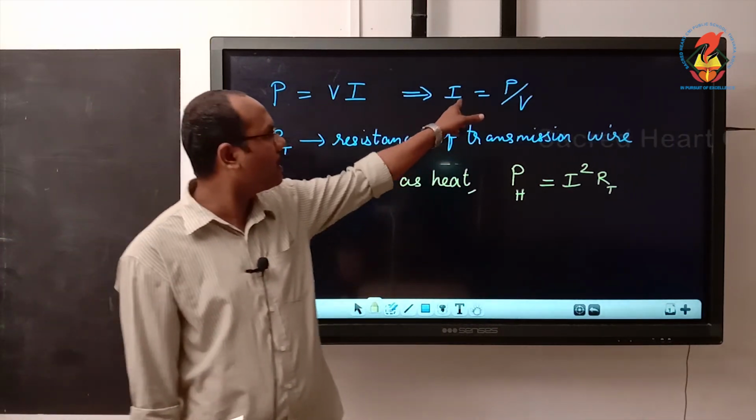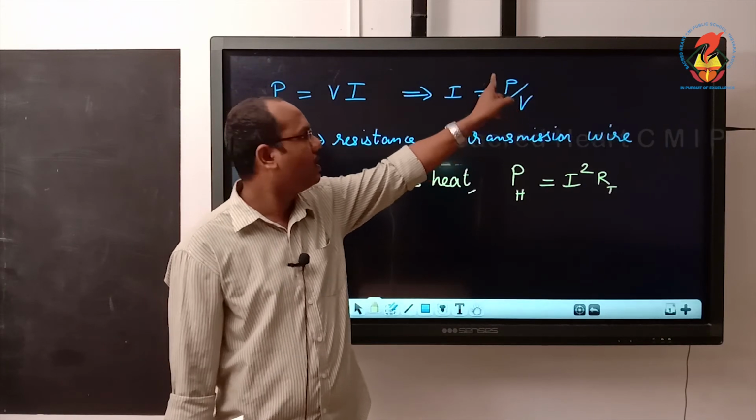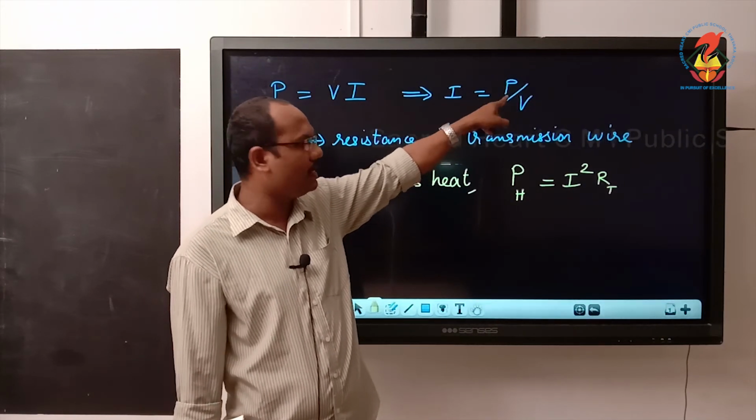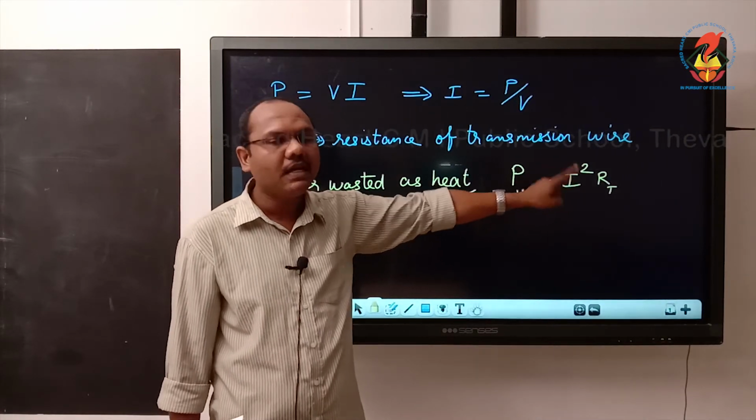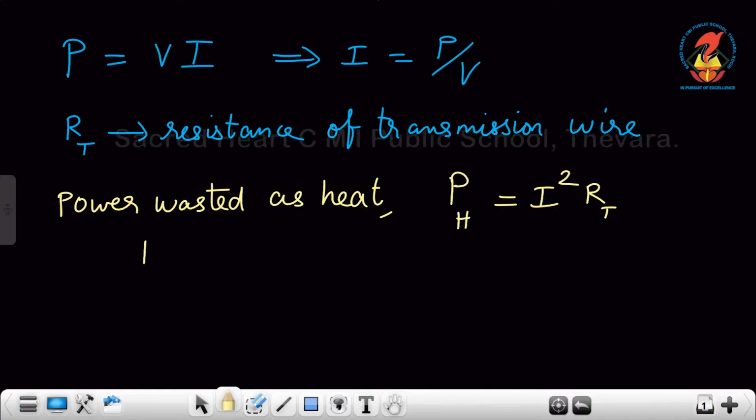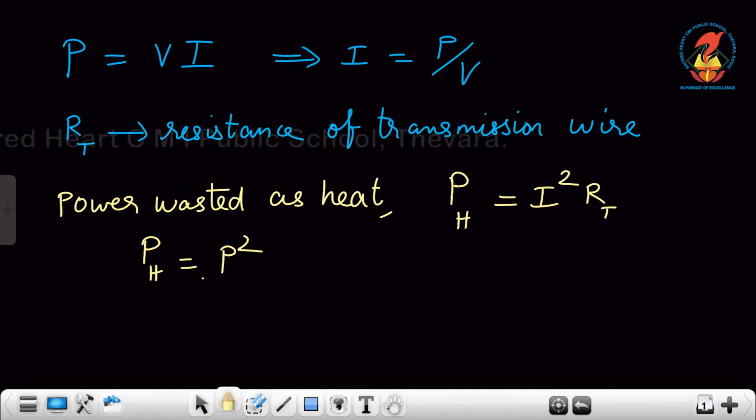Now, here I wrote I is equal to P by V. I am substituting that in this equation. Then Ph is equal to, instead of I square, P square by V square into RT.